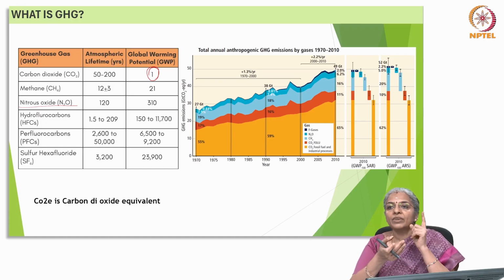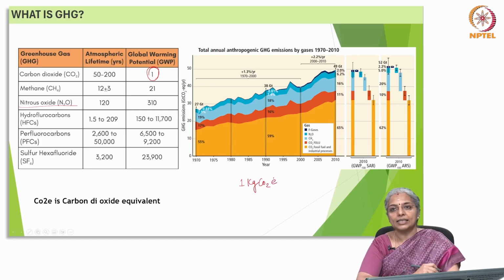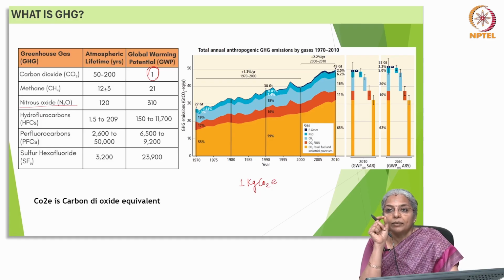What does that mean? 1 kilogram of carbon dioxide has the global warming potential of 1 kilogram carbon dioxide equivalent. 1 kg CO2 is equivalent, and this 1 kilogram of carbon dioxide equivalent is converted to other gases' global warming potentials.